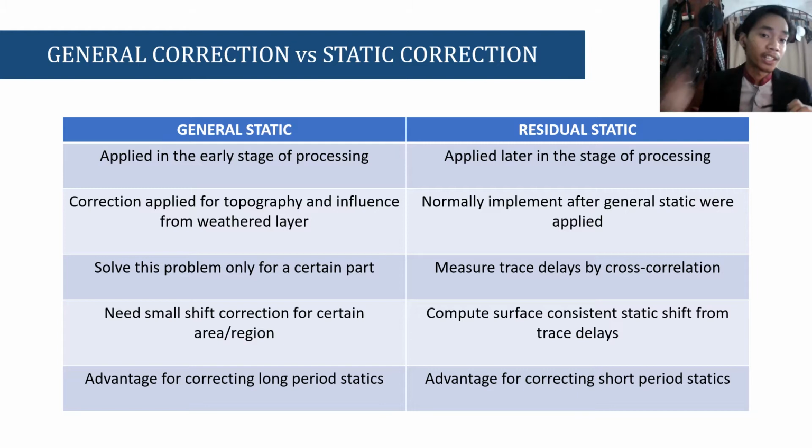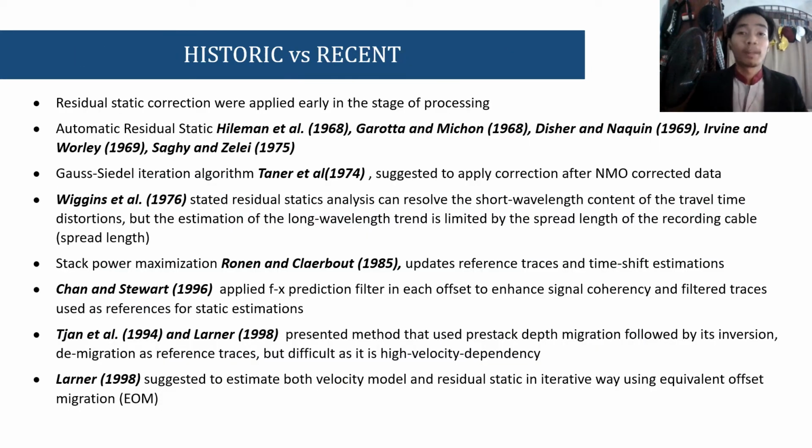And lastly, general static is used for the correction of long period statics, while the residual static correction is used for short period statics. In the past years, the residual static correction was applied in the early stage of processing seismic data.